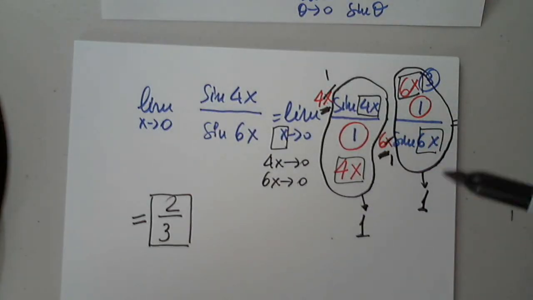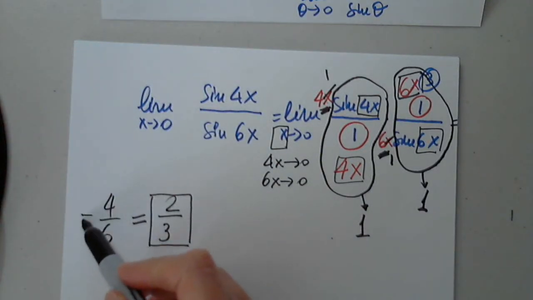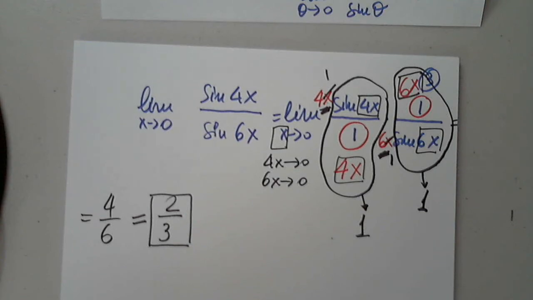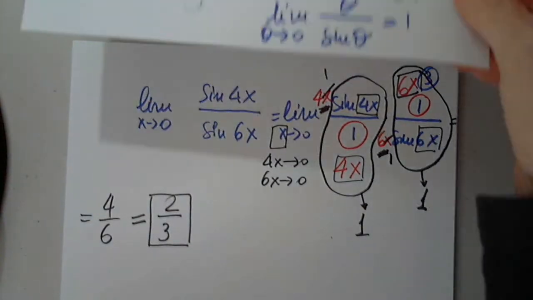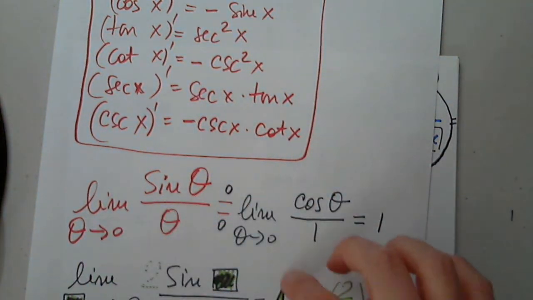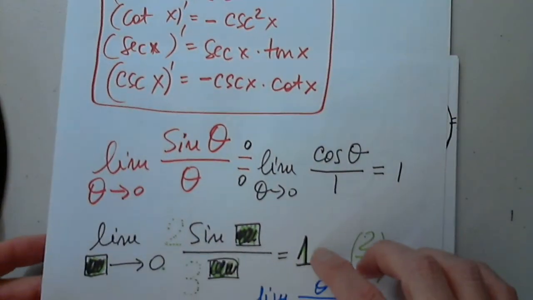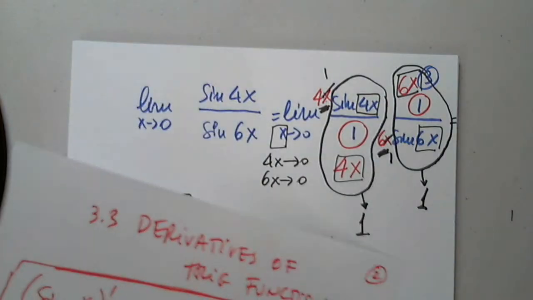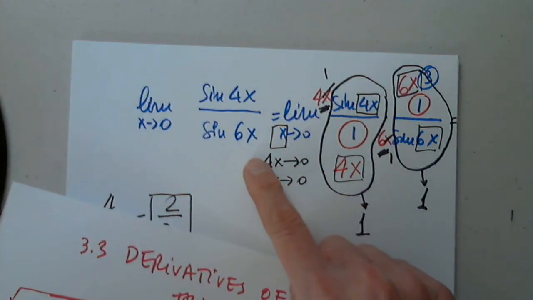I forgot to simplify. No worries. 4 over 6, fine for now, and then 2/3. Let's write it here just to make sure everyone sees that. So without this concept, I had other options because we already talked about L'Hopital's rule.